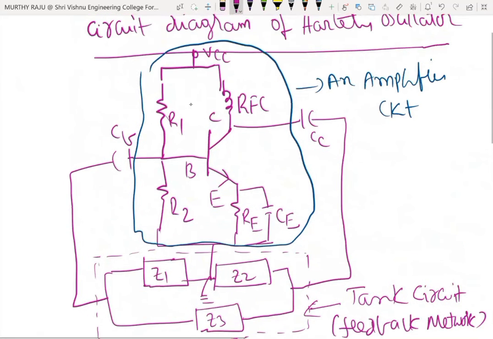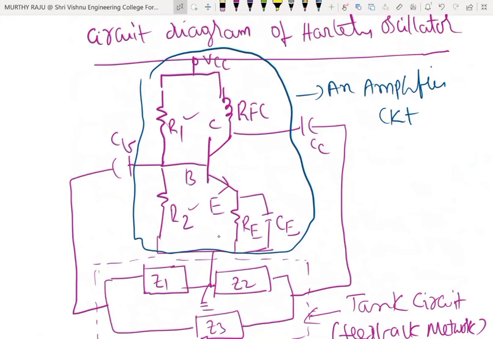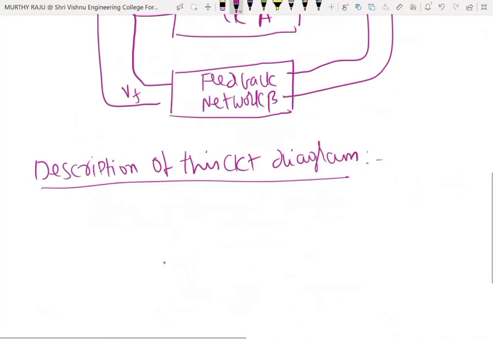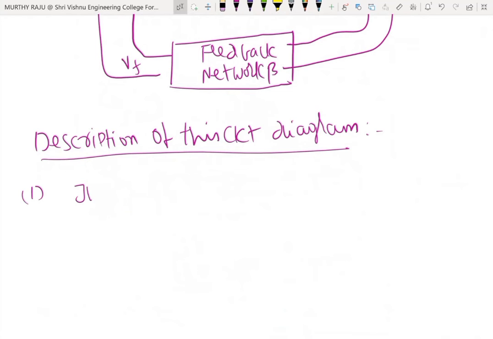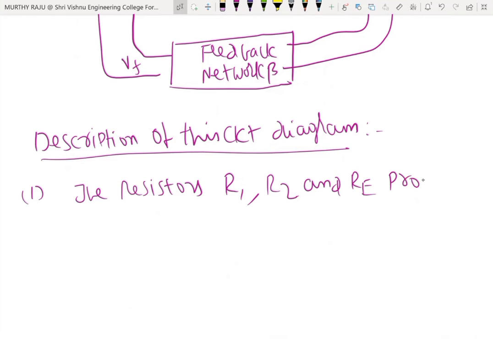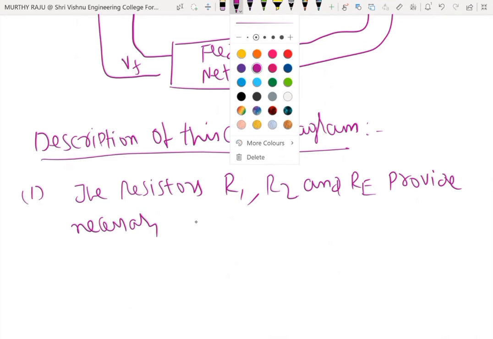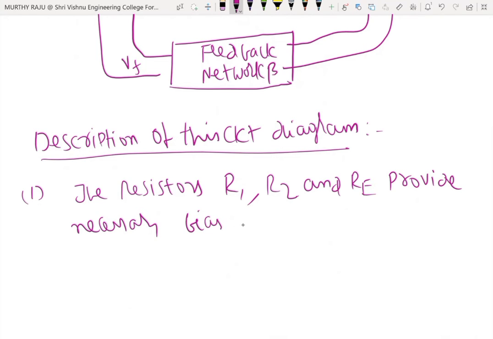Here in the circuit diagram, resistors R1, R2 and RE provide the necessary bias condition for the circuit.